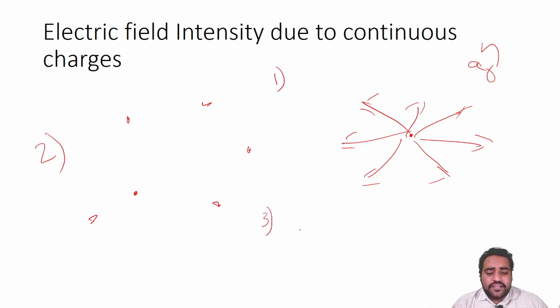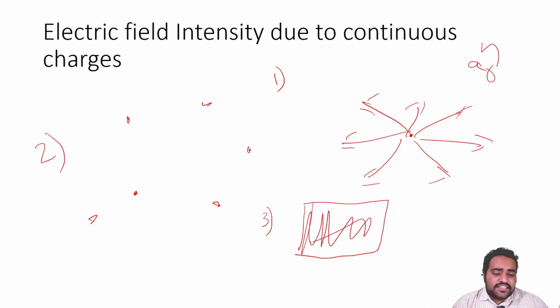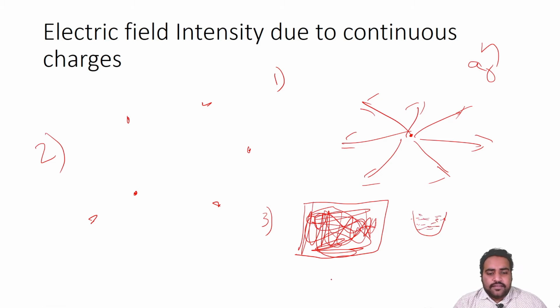What I mean by continuous is, for example, imagine your screen. The entire screen is filled with charges. Imagine a cup. The entire cup is filled with charges. This type of distribution of charges is called continuous charge distribution, whereas these are called distributed charges.